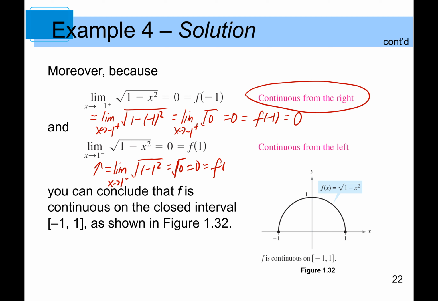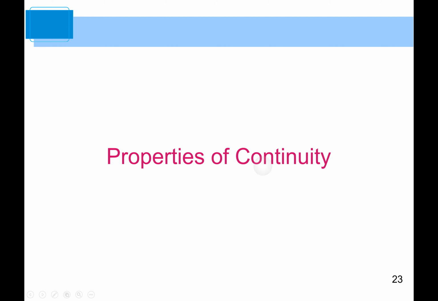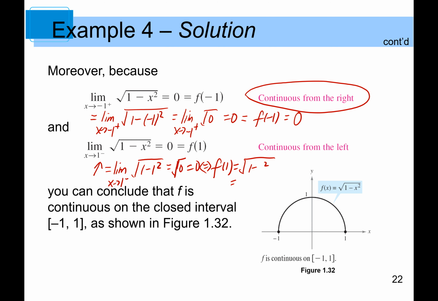And then f of 1, which is also the square root of 1 minus x squared, which is the same thing as the square root of 1 minus 1 squared, which is the radical of 0, which is 0.